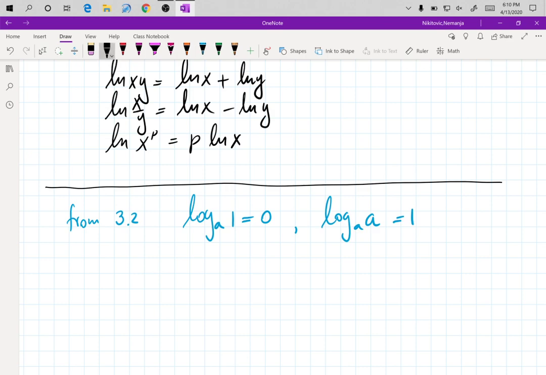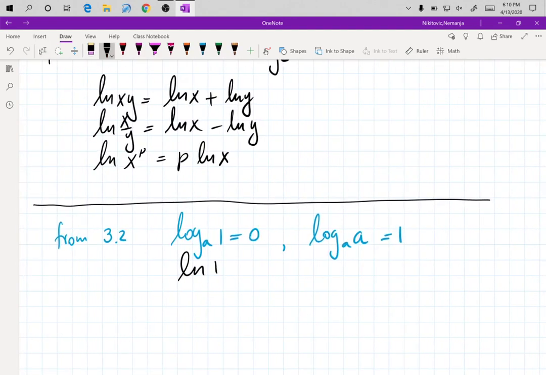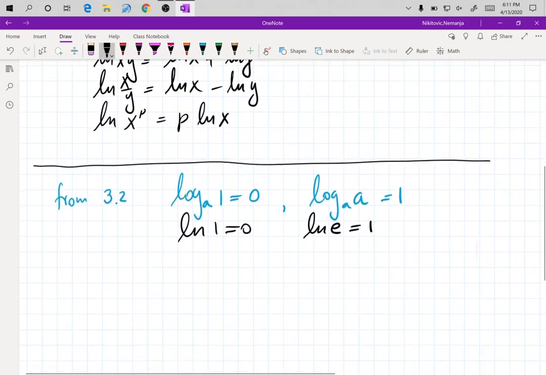And we also have the ln versions. ln of 1 is 0, and ln of e is 1. So this is what we have in terms of the formulas that we are going to use.